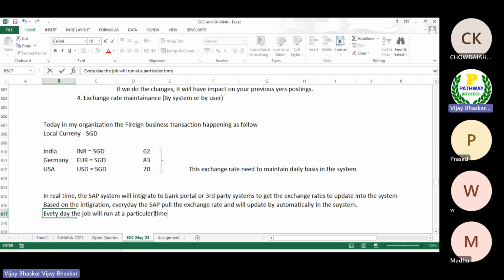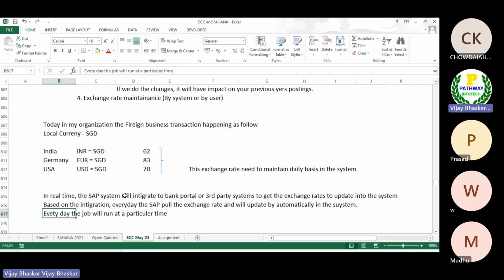Let us assume every day the markets are getting closed at 3:30 p.m. After that, maybe the RBI is going to publish the exchange rates at 4:15 p.m. Then our job will run every day at 4:30 or 5, because once the exchange rates are published, only then do we need to go back and pull the rates.